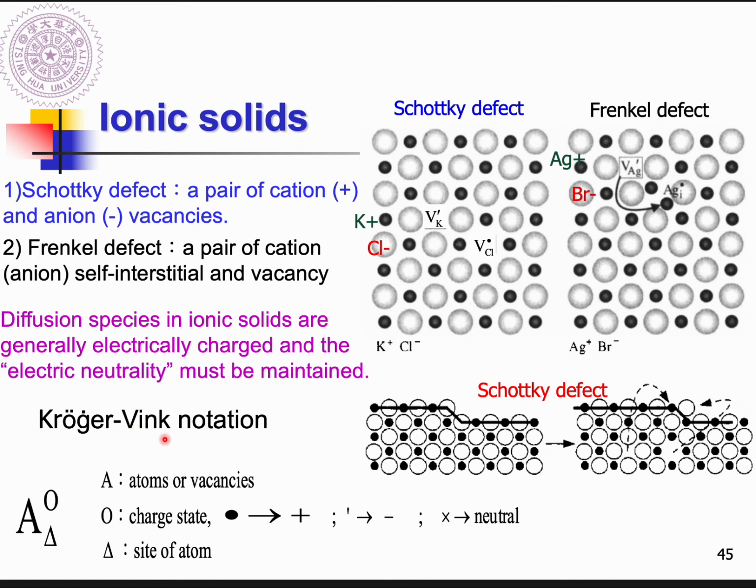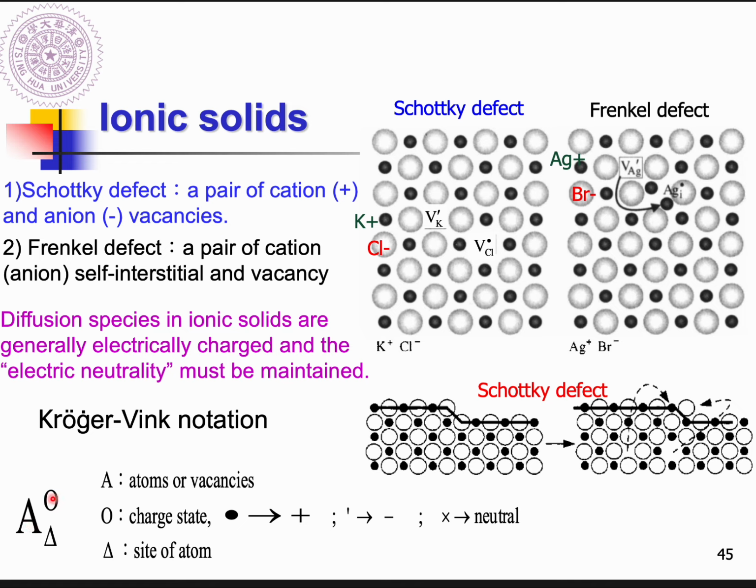Then we want to show you how to name the notation in ionic solids. Notation means how we identify the location of a specific cation, anion, or vacancy. That's the notation method. So how to name that? Here A is the atom or the vacancy you are interested in.